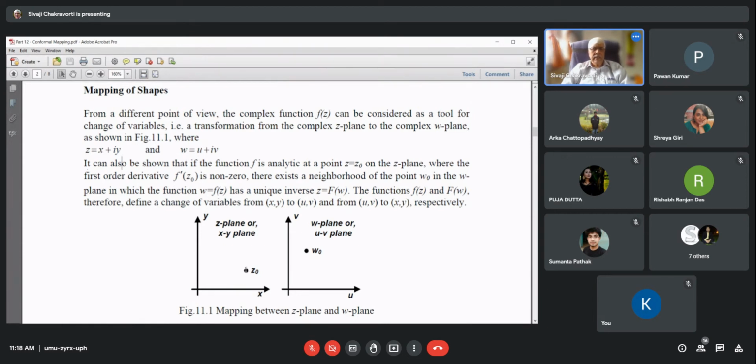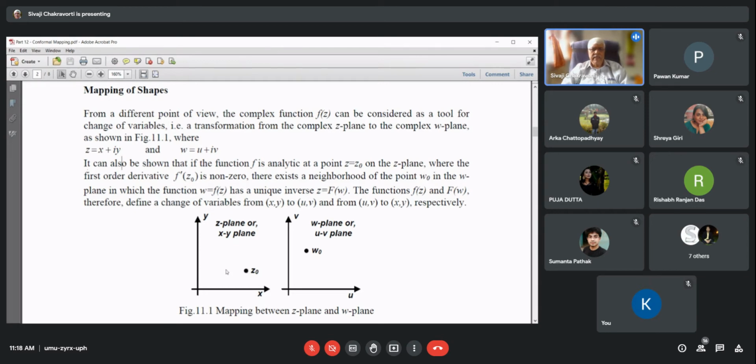That means if I define this xy plane as the z plane, then this point will have a particular value. This value will be complex because it has a real and imaginary part, and that complex value will be this black dot.